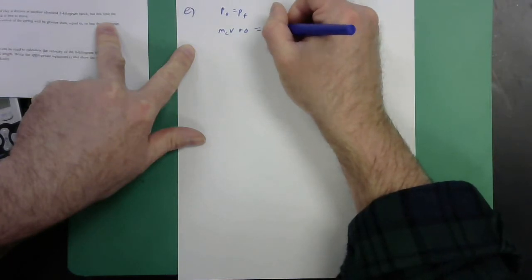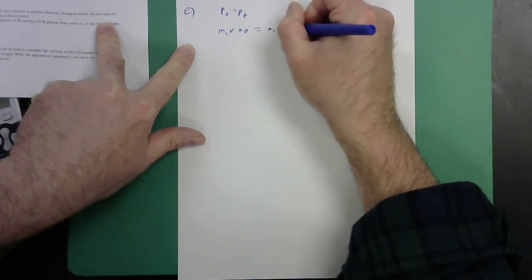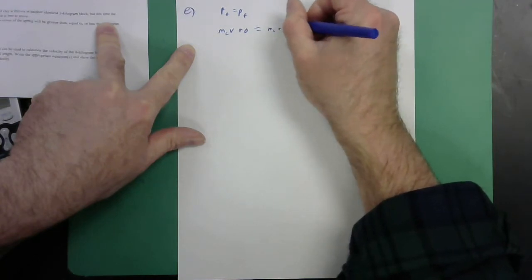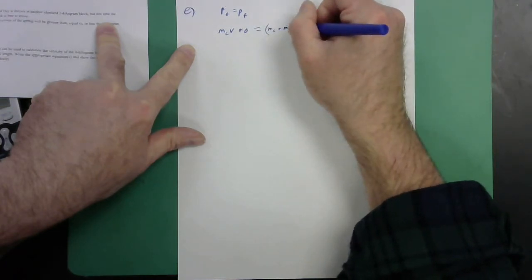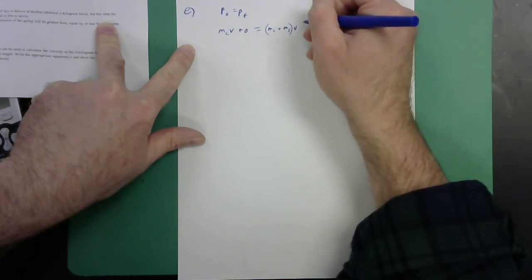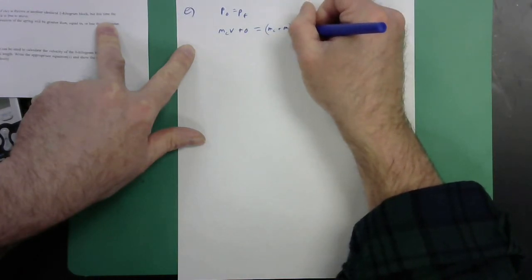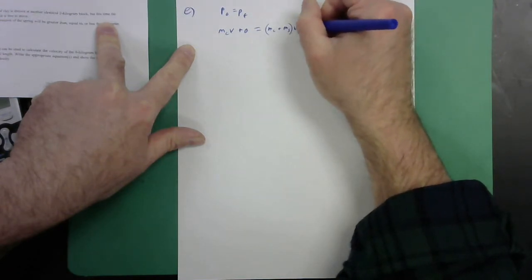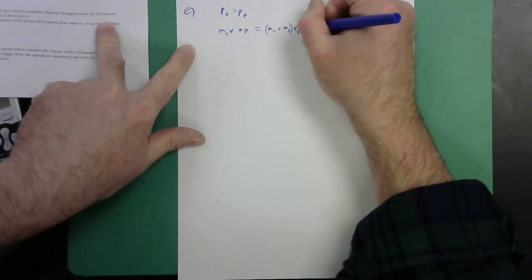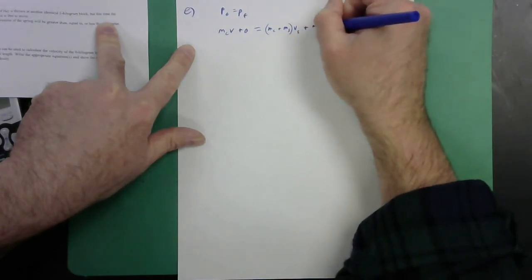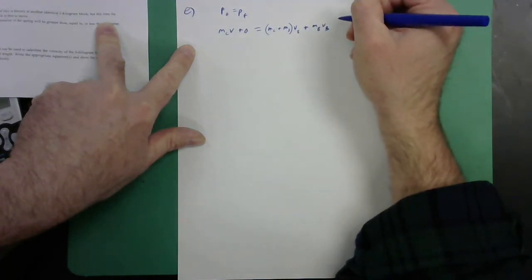So it'd be the mass of the clay plus the mass of the small block times the velocity of the clay and small block afterwards. I'm going to call it small block at the end because it's actually both of them together. Plus the momentum of the big block times the velocity of the big block afterwards, right?